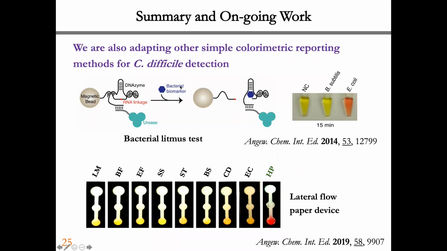If you have the biomarker of interest, you will release the DNAzyme along with the urease, and then these can be used to hydrolyze urea, elevate the pH of the solution, then cause the change of dye that we put into the solution. So essentially we're detecting the pH change, but the pH change is linked to the urease hydrolysis of urea, and that is linked to the presence of the biomarker of interest.